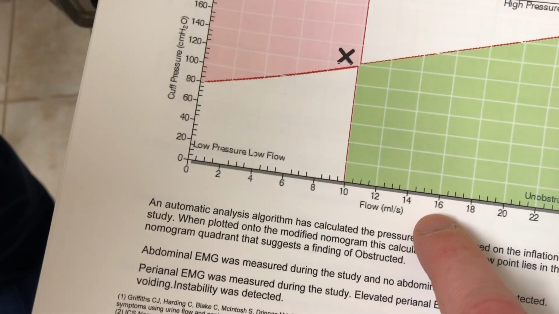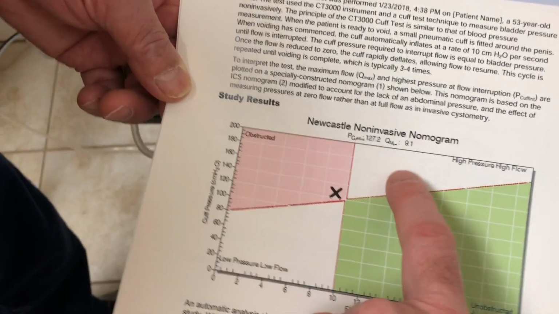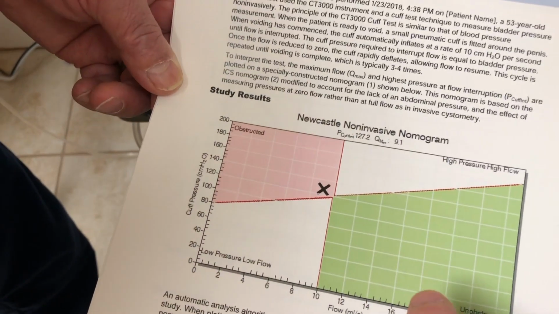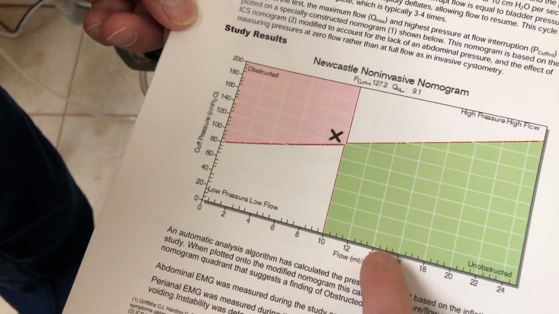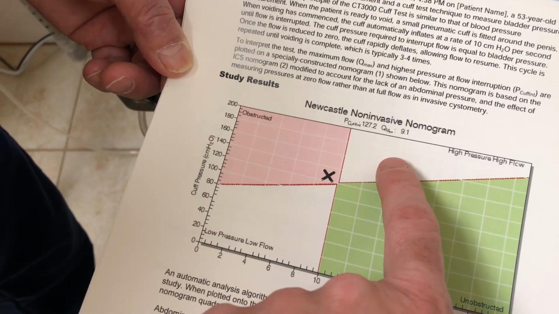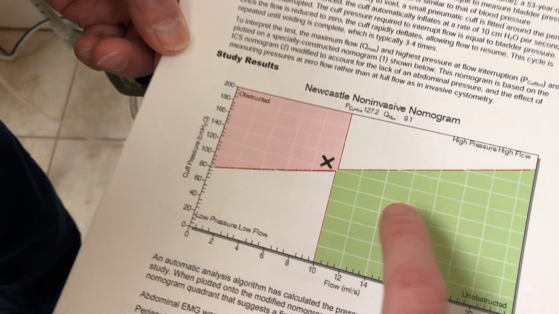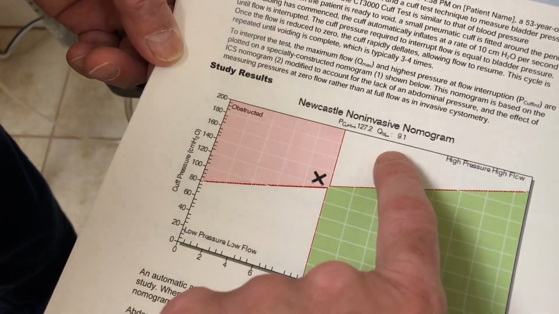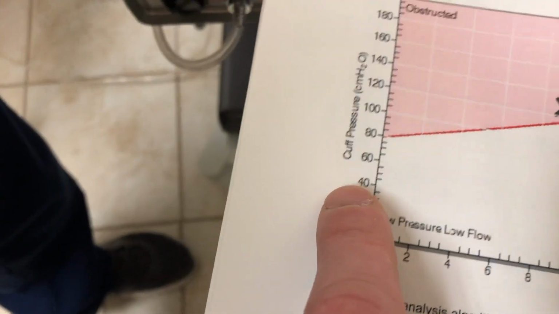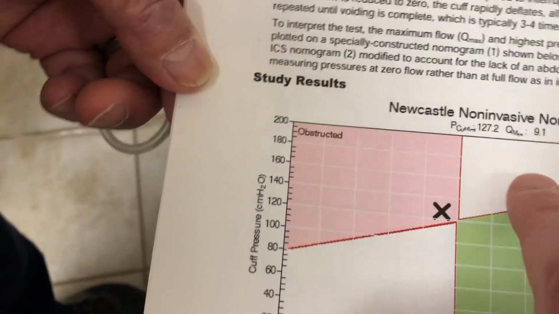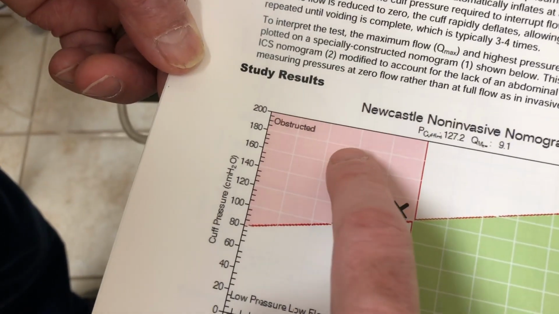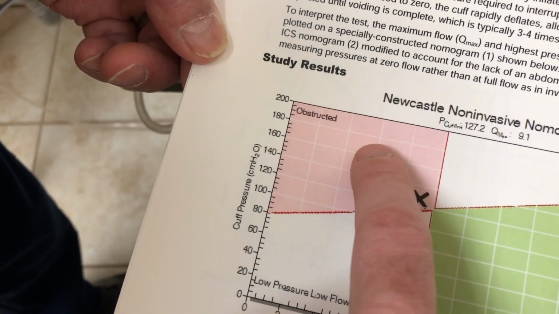Like, let's say this is a flow of 14 or 15, which is considered good flow. But if the patient is up here, that means that the bladder is generating too much pressure to generate this flow. And this could be dangerous because in the long term, bladder deterioration can happen with high bladder pressure. And then what happens eventually with the increased obstruction, that same pressure, this is the pressure axis right here, that same pressure is no longer able to generate the same flow because now the obstruction is preventing that flow from flowing through.